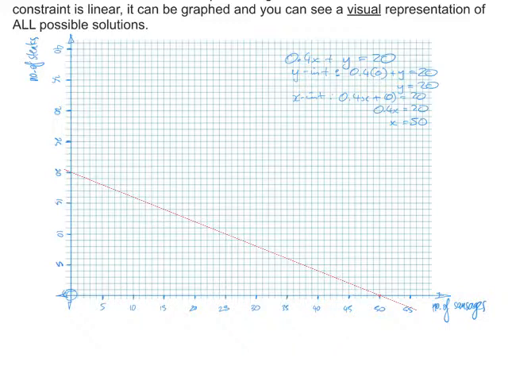So you can see our 2 points here. x is equal to 50, the y-intercept, y is equal to 20. Those are actually solutions. Because the x-axis is number of sausages, this is one solution: 50 sausages, 0 steaks, would result in a total spend of $20 still.